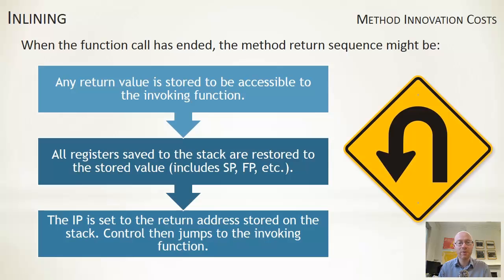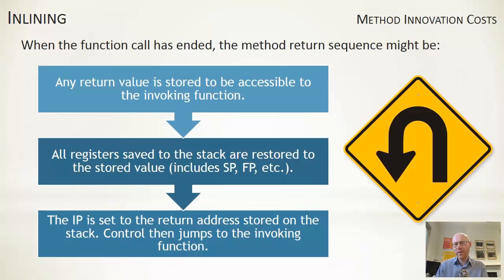We're storing it so it's accessible whenever we return. All the registers, if we saved any, we need to restore them back to their original state, things like the stack pointer, frame pointer, and so on. We then check for the previous instruction pointer, the one we stored in the stack, which is where we jump control back to. So we back out and we then return to normal execution.